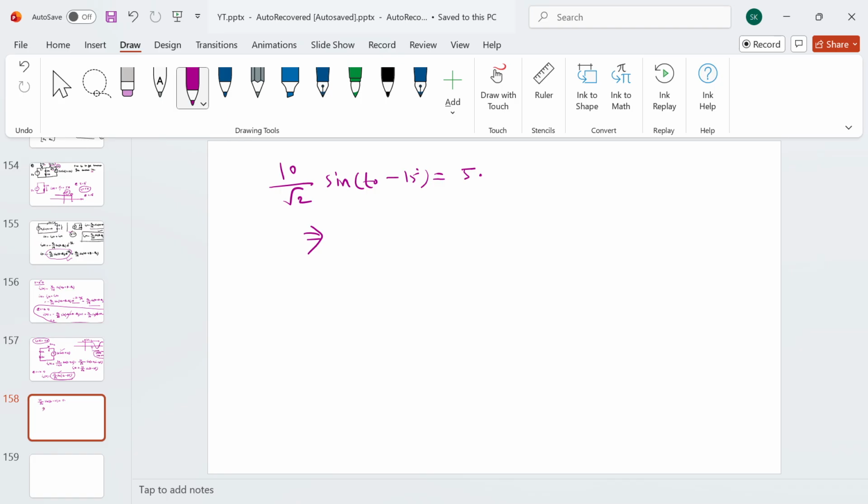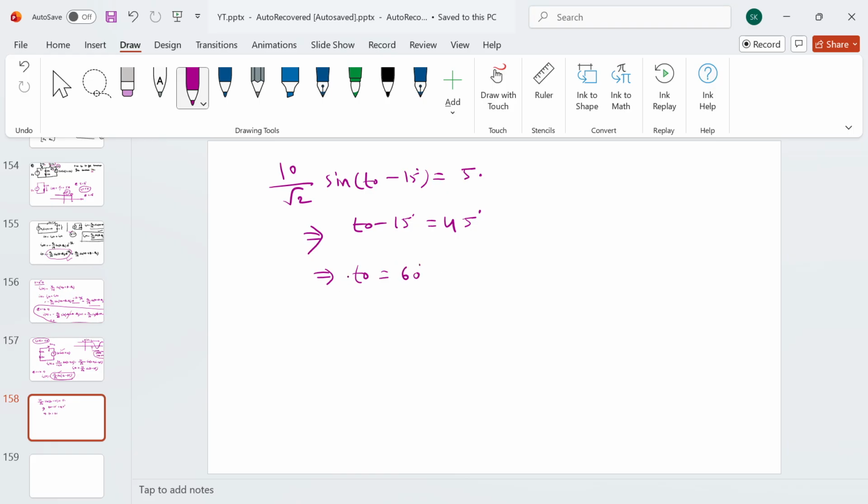So what will I get? I'll get 5 root 2 by 10, sine inverse. So I'm getting t minus 15 degree is equal to 45 degree, so t is 60 degree.